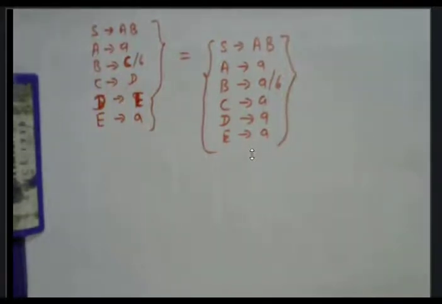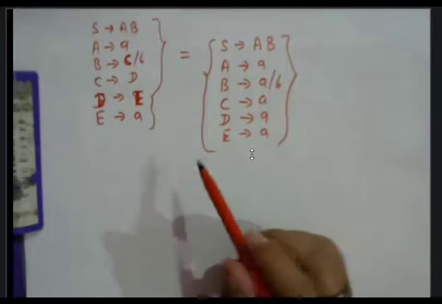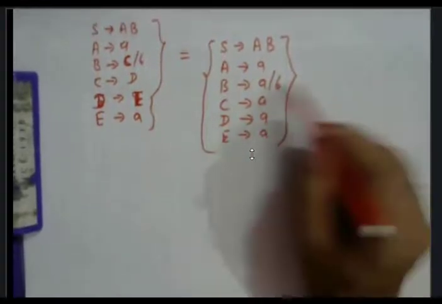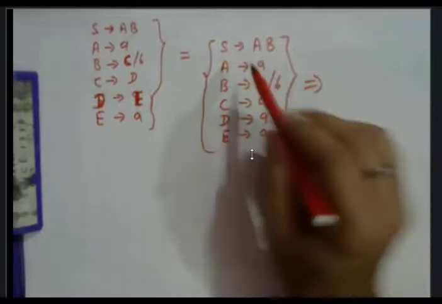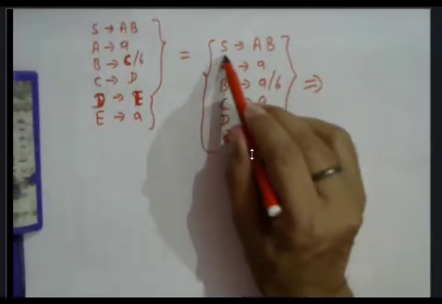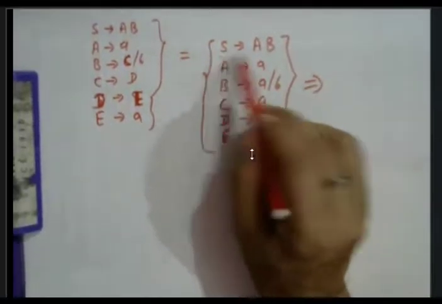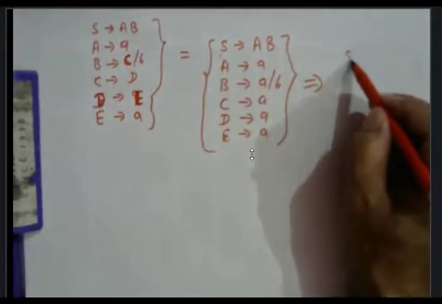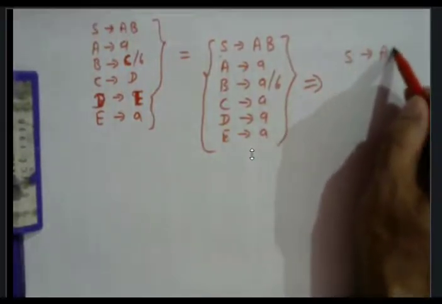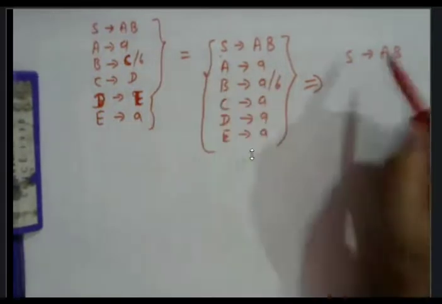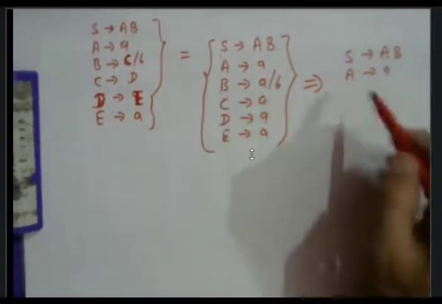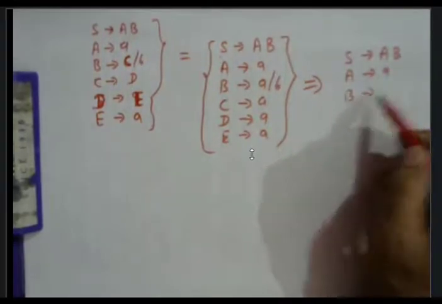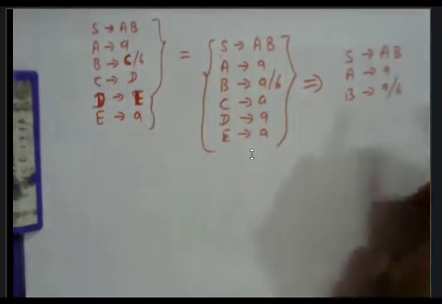Then applying the first rule, remove the useless symbols. The grammar we are getting here starts from the reachable symbol S. Then S we can derive AB. Then the final grammar is S tends to AB, A tends to small a, B tends to a oblique b.